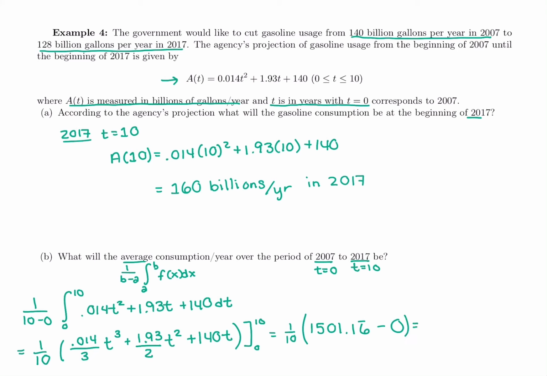So the average value from years 2007 to 2017, on average, we get 150.116 repeating. And this is in billion gallons per year.